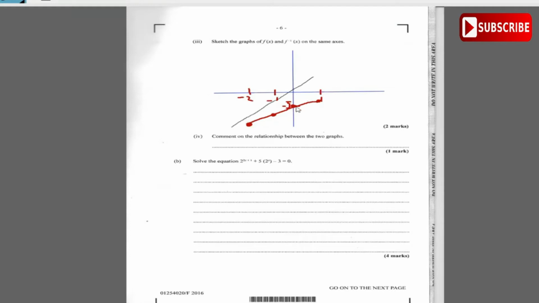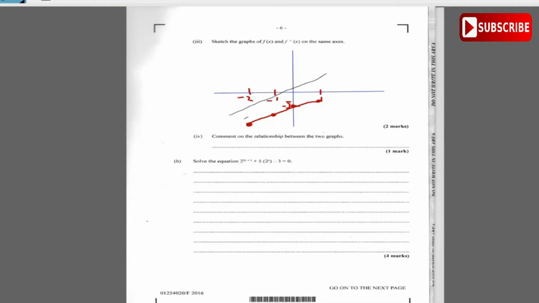Something like that. I don't like how it looks like the gradient is bigger than this gradient, which shouldn't be because the function has a gradient of 2. So let me make this a little better. I want to show that the gradient is 1/2, so it shouldn't be steeper than this one. So maybe that's better. They intersect somewhere down here.